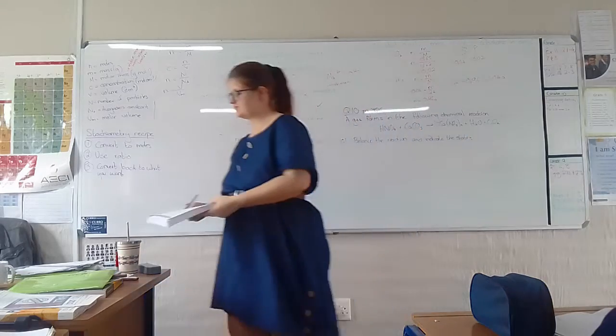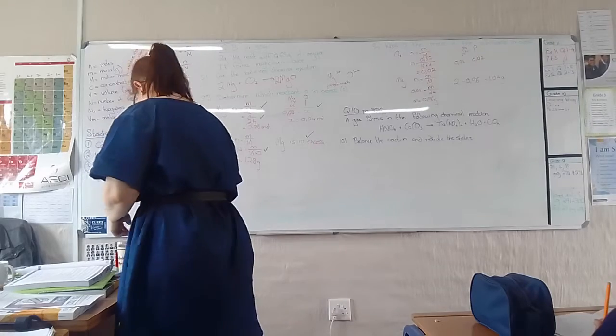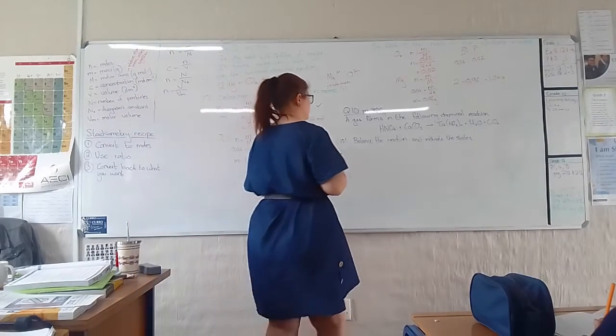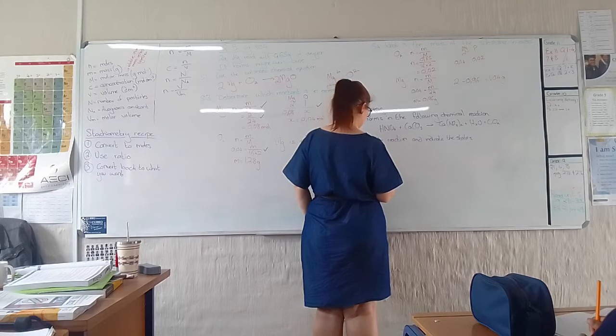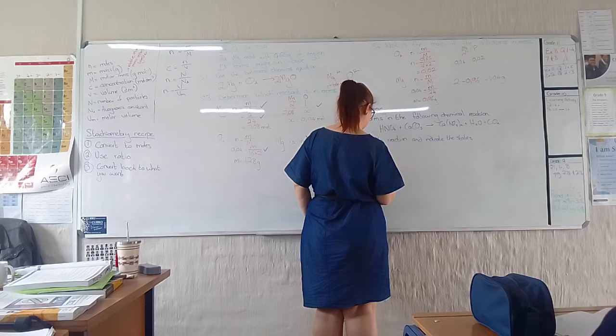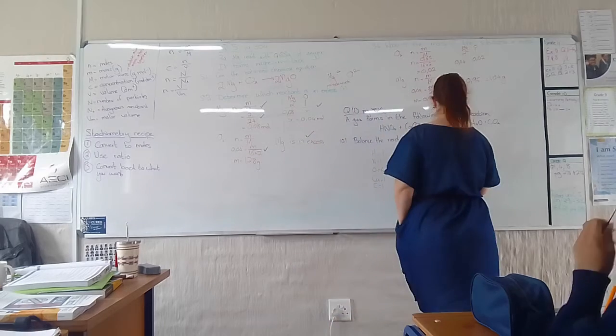So let's start by balancing our chemical reaction. On this side I have one hydrogen, nitrogen, oxygen, calcium, carbon. This side.